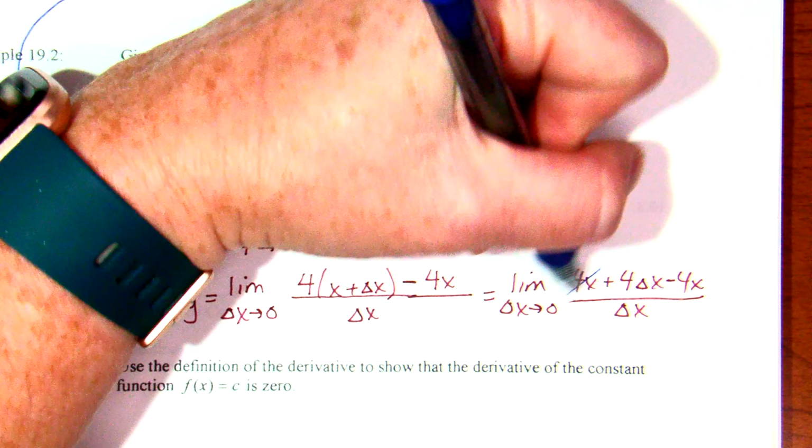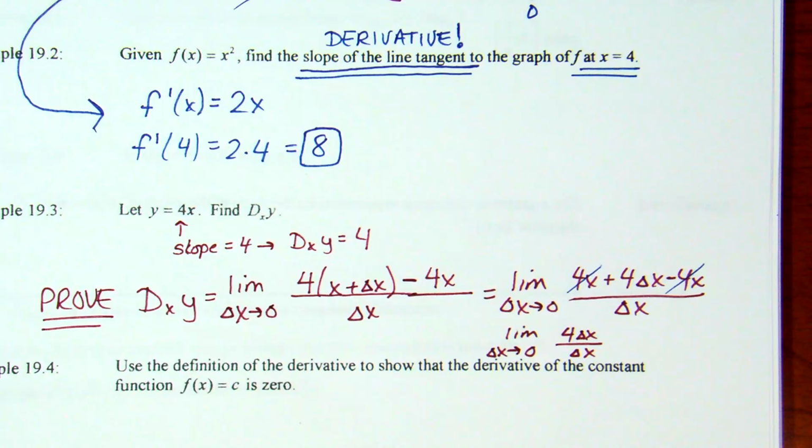So officially I have the limit as delta x approaches 0 of 4 delta x over delta x. But what do you know then? The delta x's will cancel. So now I have the limit as delta x approaches 0 of 4.